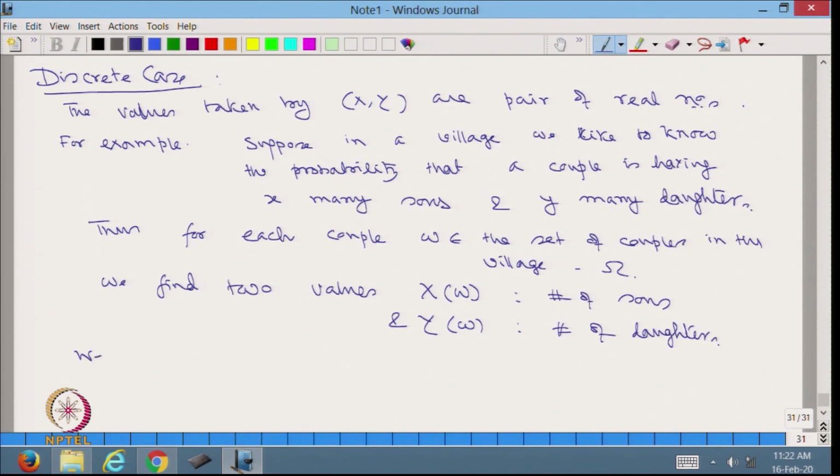We can use a tabular form to represent the probabilities.